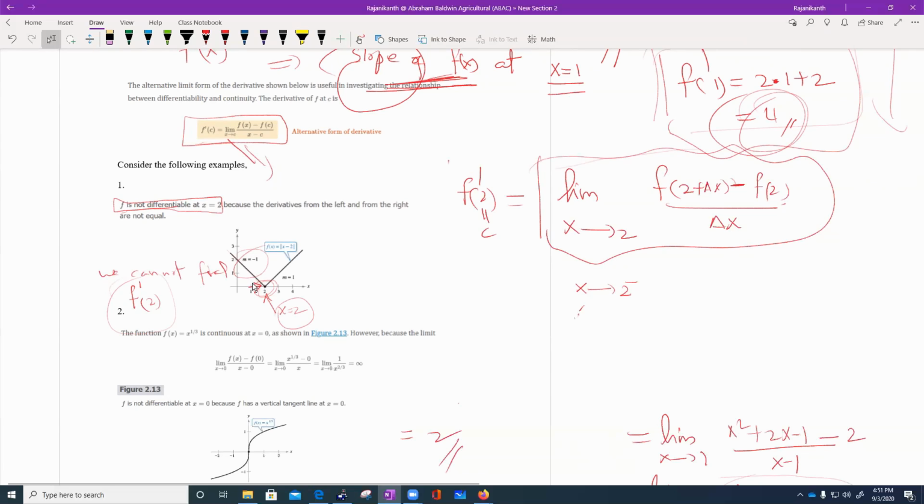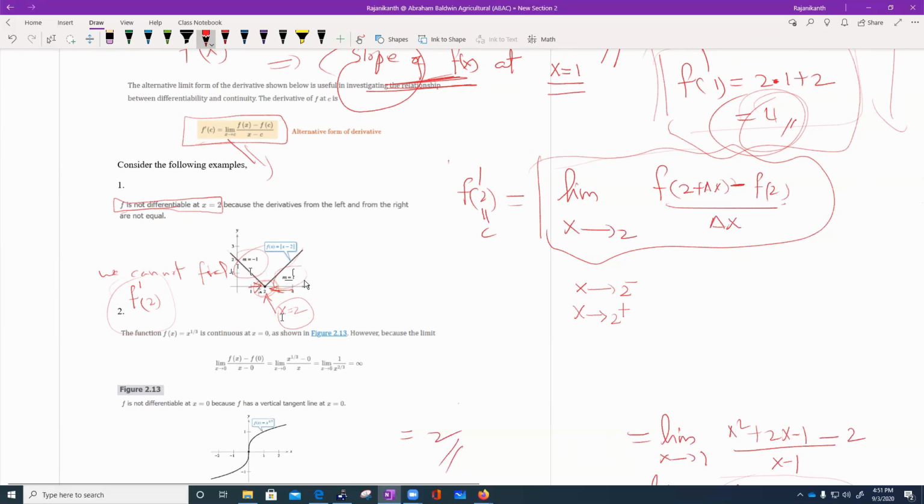But if you approach 2 from the right, then our slope along the curve is +1. That means you get 2 different limit answers for left and right, right?